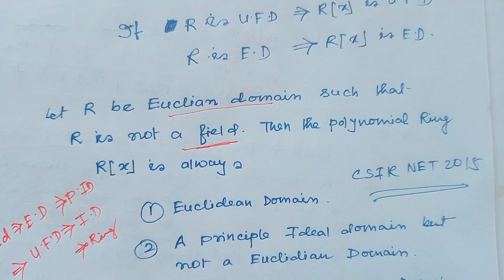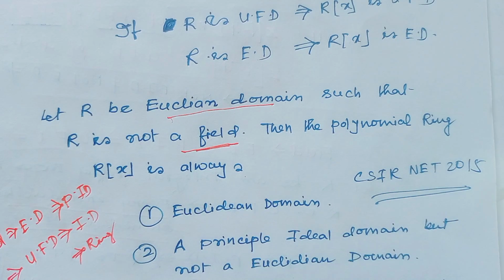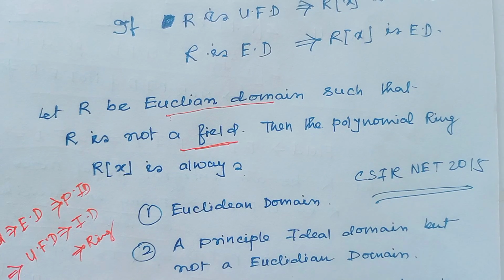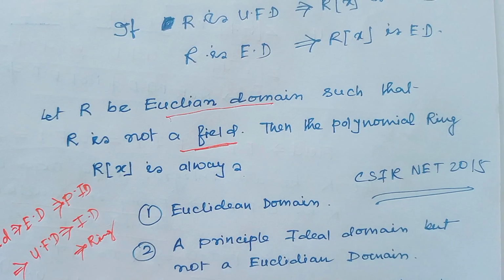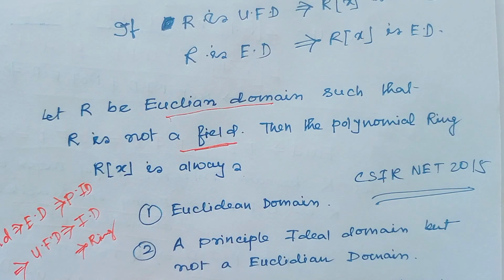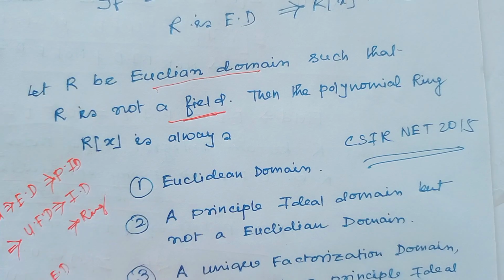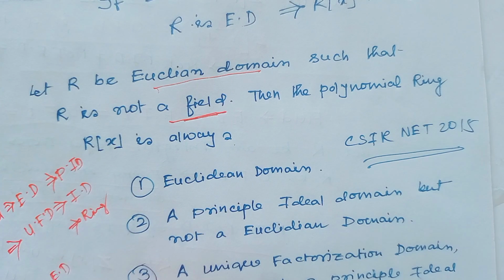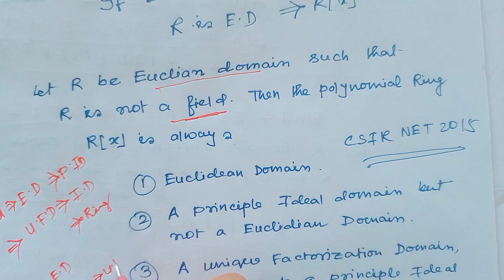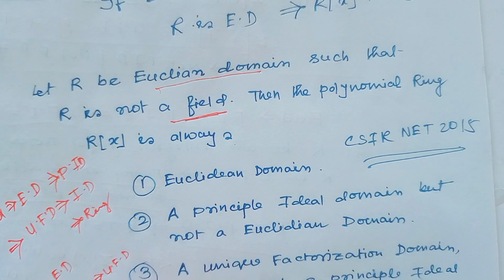Then the polynomial ring R[x] is always, notice, if R is E.D, that means R is always P.I.D, that implies U.F.D, that implies integral domain.